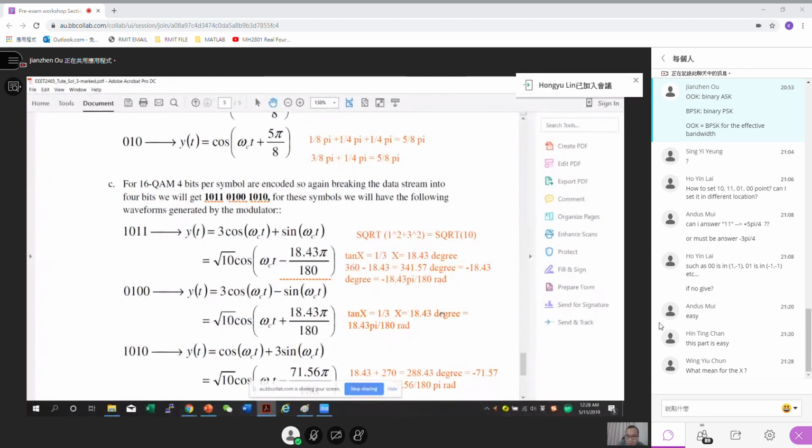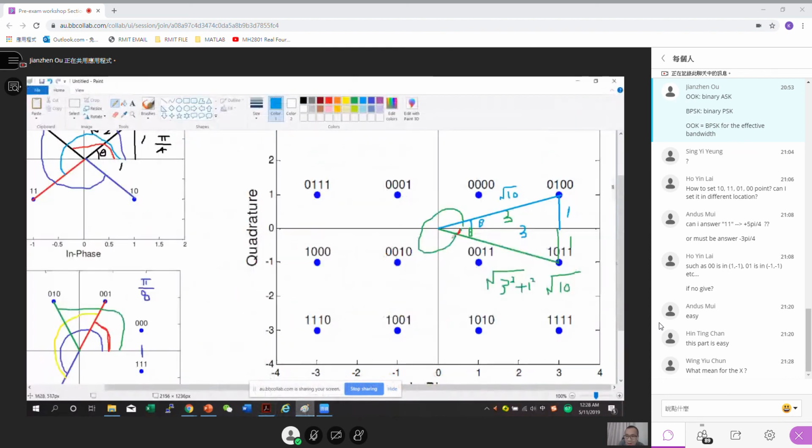But this is in degrees, so when you convert to radians, it becomes 18.43 divided by 180 times pi. This one is much simpler than the previous one because there you calculate the angle all the way through from the origin point. But for 0, 1, 0, 0, it's only this angle. So it's simple. You don't need to do any conversions.